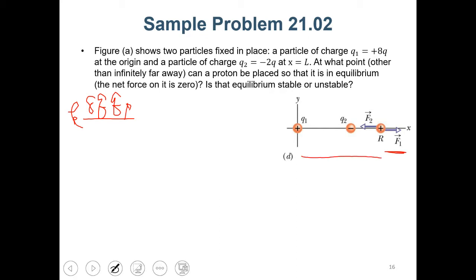We assume the position is x. The x coordinate for the proton is x. So the distance between the two charges is x, so we have x squared in the denominator. And we calculate F2. They have the same magnitude but opposite direction, so we just keep the absolute value. For Q2, it is minus 2Q, but we keep the absolute value, so we write it as 2Q.